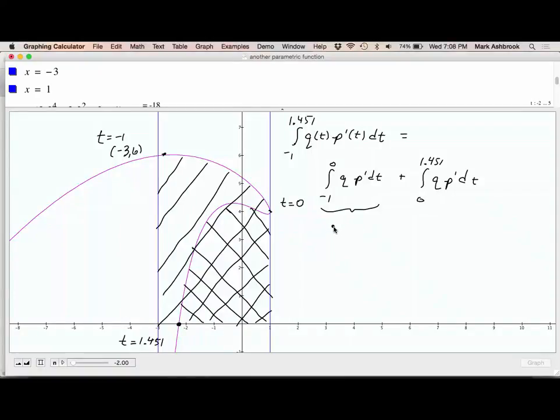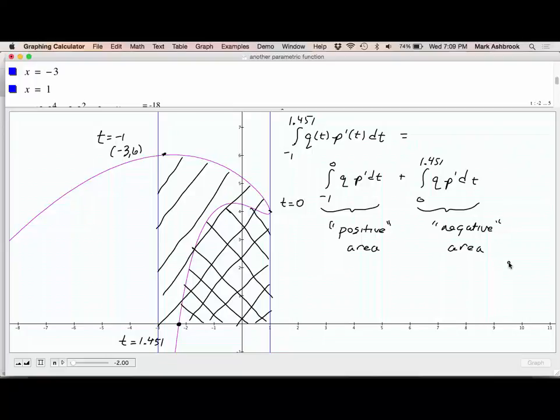So this will be a positive area. Well, all areas are positive, but this will be negative areas. Why? Because as t goes from 0 to 1.451, x goes from right to left.